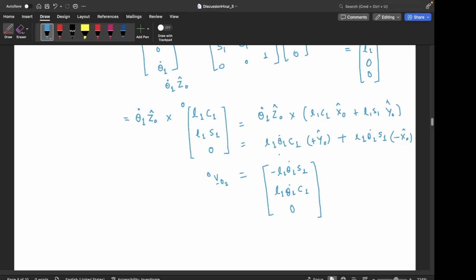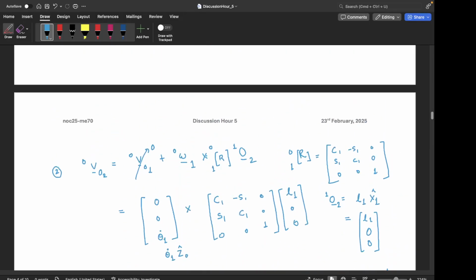Okay, so this is till frame 2, but remember that we need to find this for frame 3, that is the tool frame or the end effector frame. So we have one more to go, right?